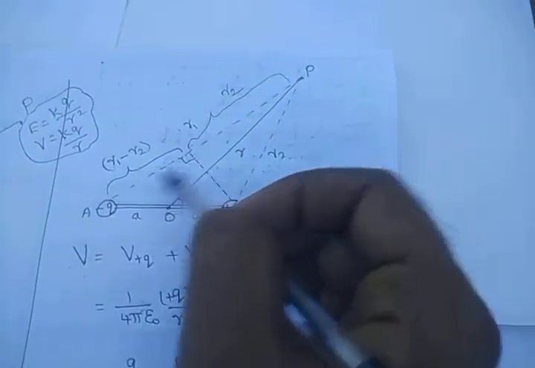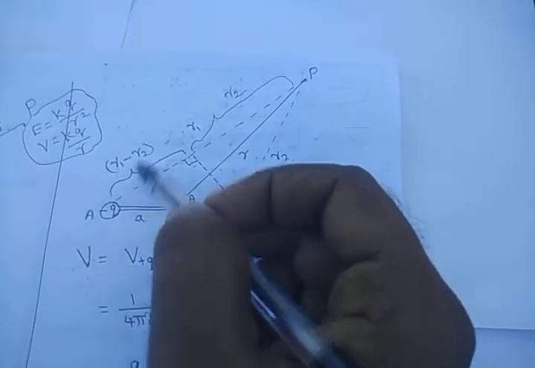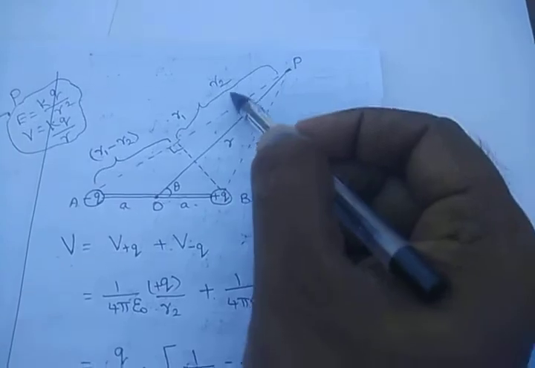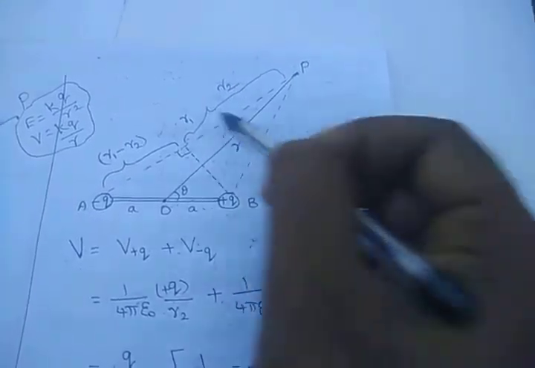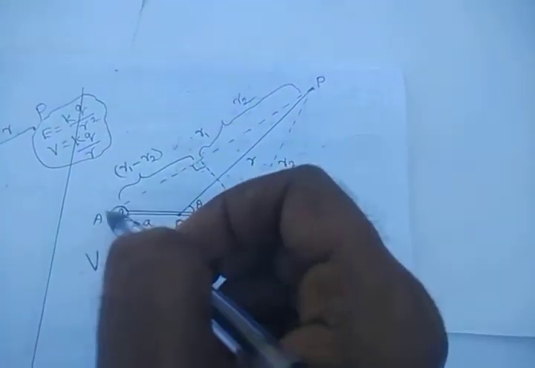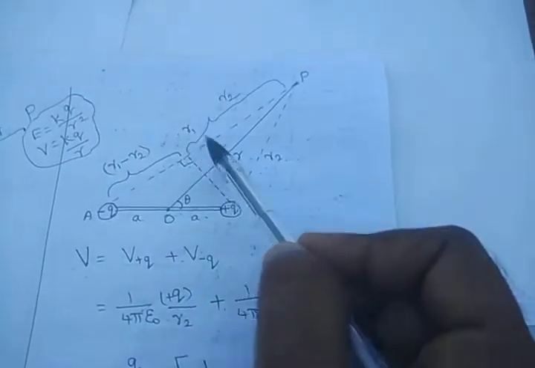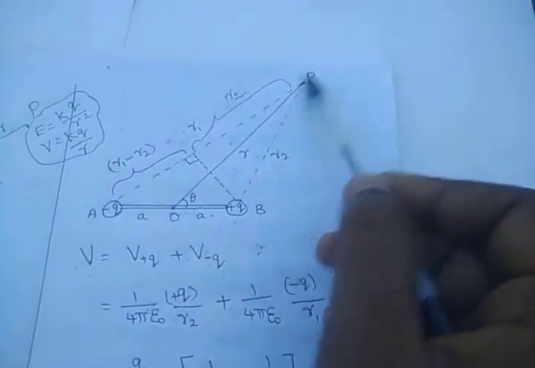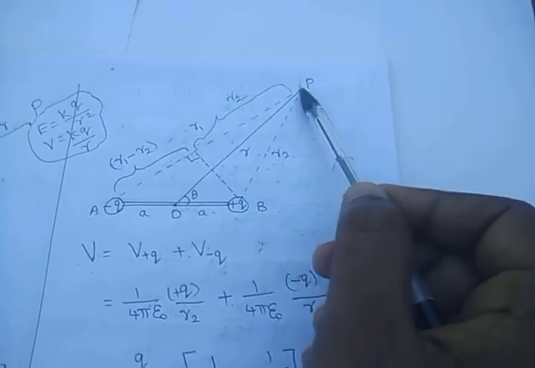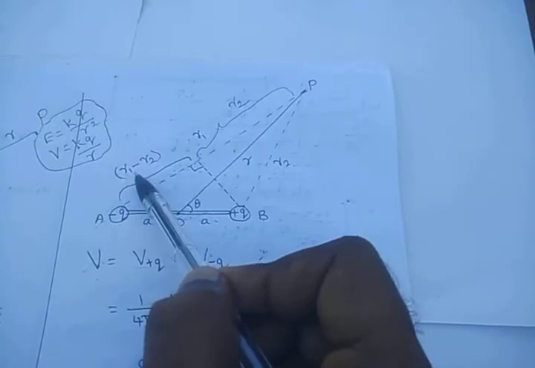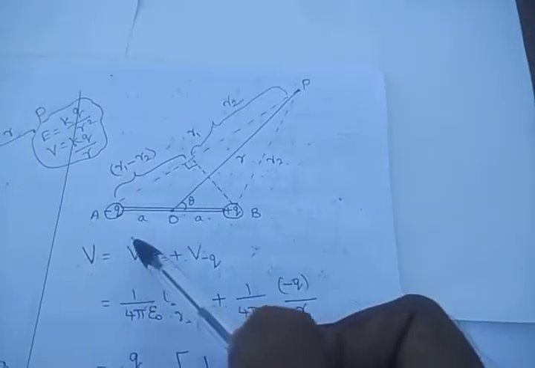So this distance must be R1 minus R2. Again I will explain: this distance is R2 because these two are the same distance. The whole distance from the negative charge to point P is R1. So the whole distance minus this distance is R1 minus R2, as we mentioned here.